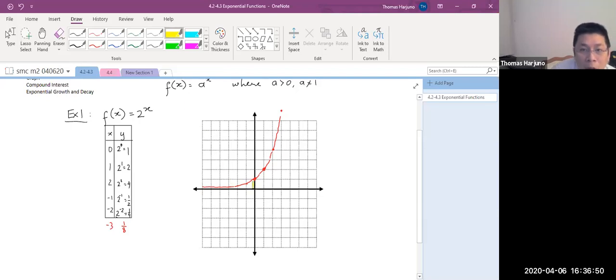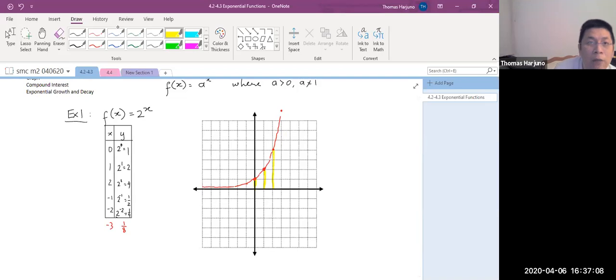We see this pattern, and I hope you can pay attention here. Notice that at x equals 0, the y is 1. When x equals 1, the y is 2. When x equals 2, the y is 4.